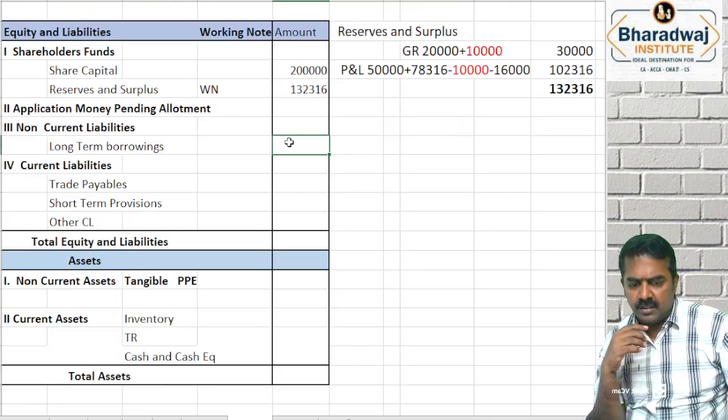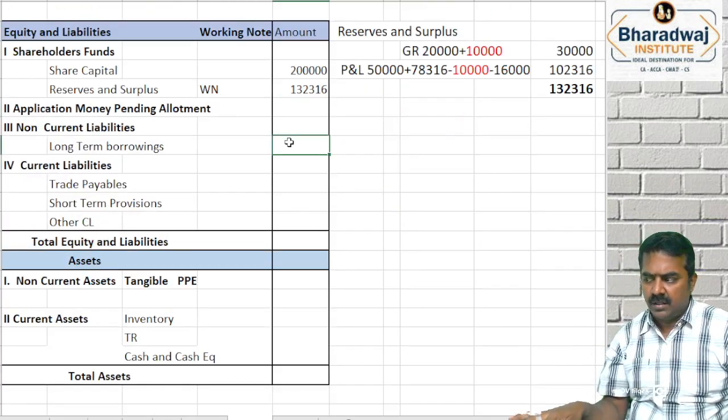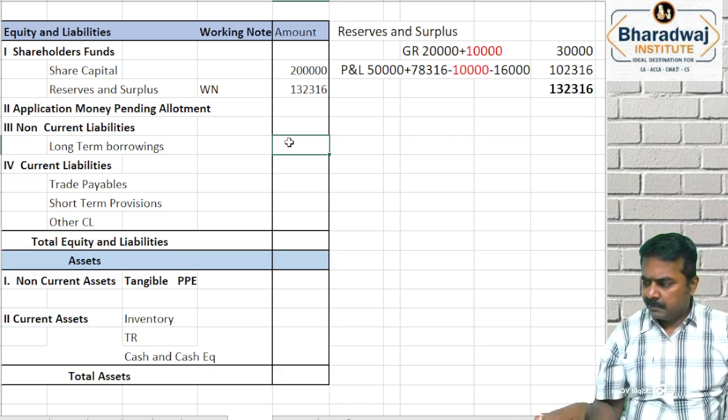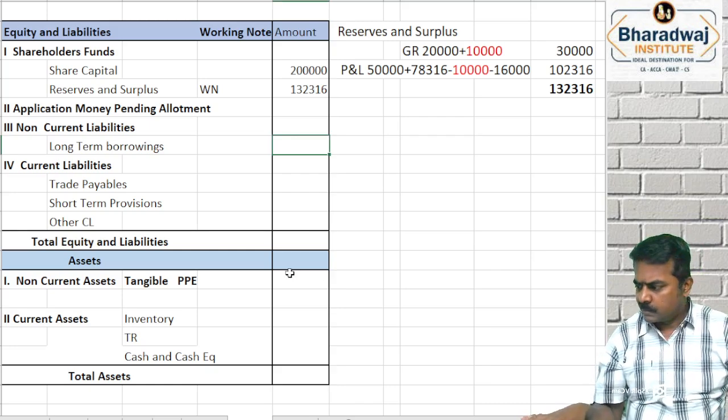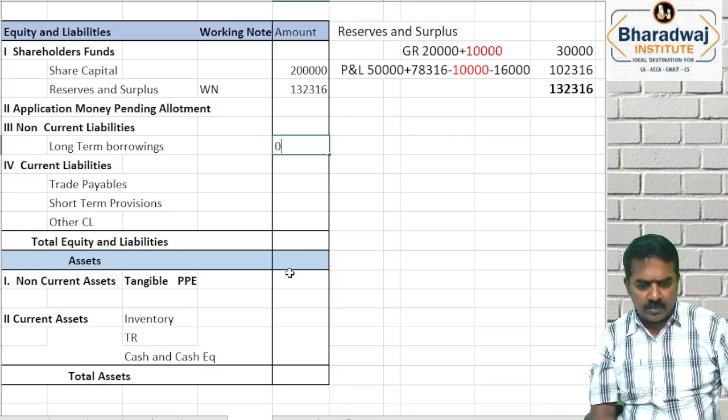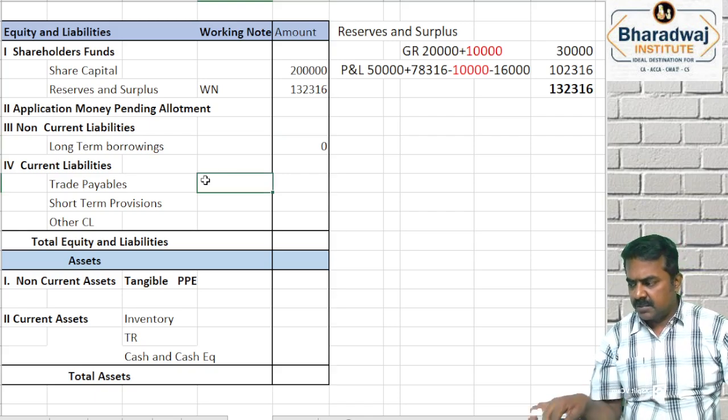Tell me the other things. What are the things that will come in long-term borrowings? Long-term borrowings all over. Sir, long-term borrowing is... Trade payables, creditors and bills payable.